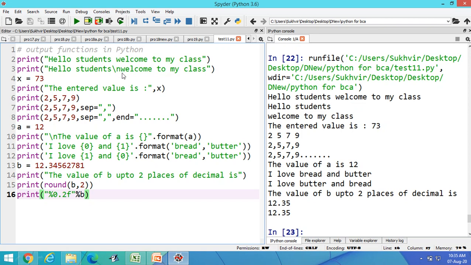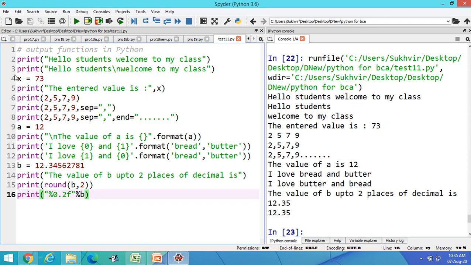It means you can print "welcome to my class" in the next line. This is the output for the third line: Hello students, welcome to my class. "Welcome to my class" is in the next line because of \n.